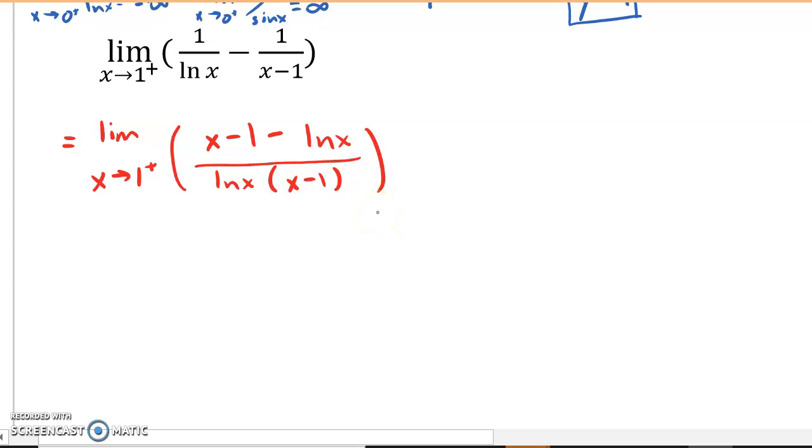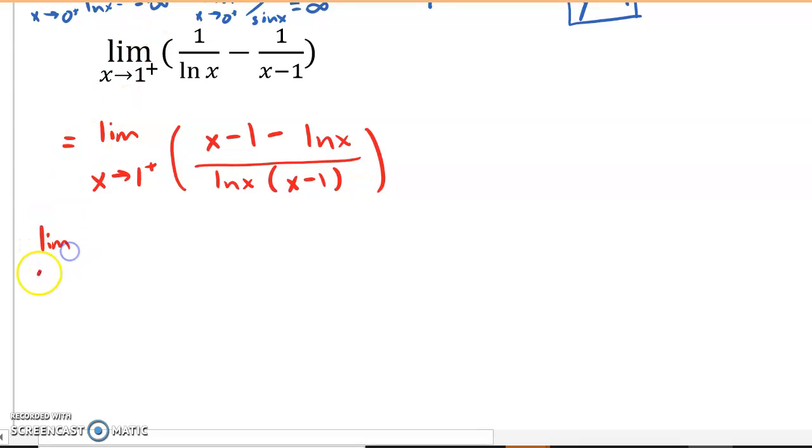Right? So when we get our common denominator and subtract the fractions, we get a single fraction. And what do we get when we try to directly substitute in here? Well, we get 1 minus natural log of 1 in the numerator, which is 0. And then we've got natural log of 1 times x minus 1 in the denominator, and that's also 0 times 0. So this is definitely a L'Hopital situation, not surprising, right?